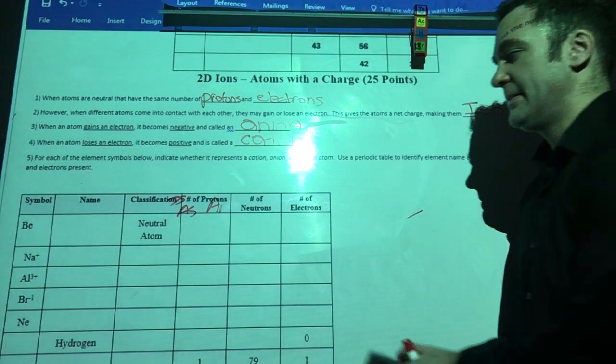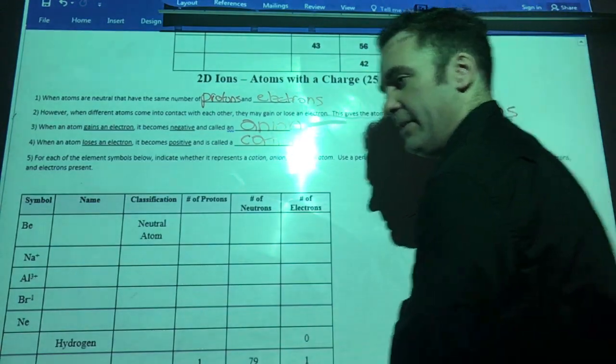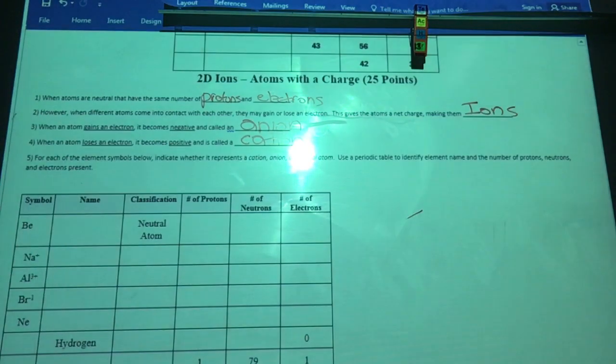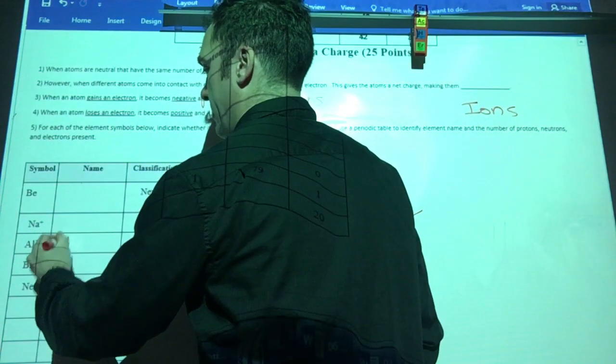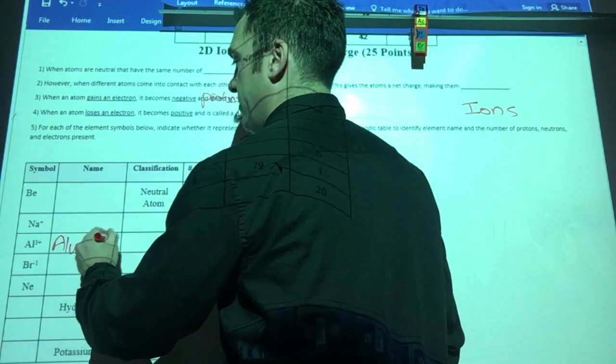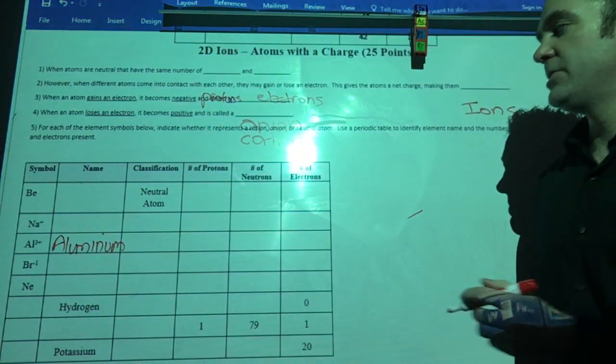Last part of the test, maybe the hardest, especially if you weren't here yesterday, is determination of number of protons, electrons, neutrons in an ion. So let's see, aluminum. Name, it's just aluminum. That should be easy. Protons should be easy.